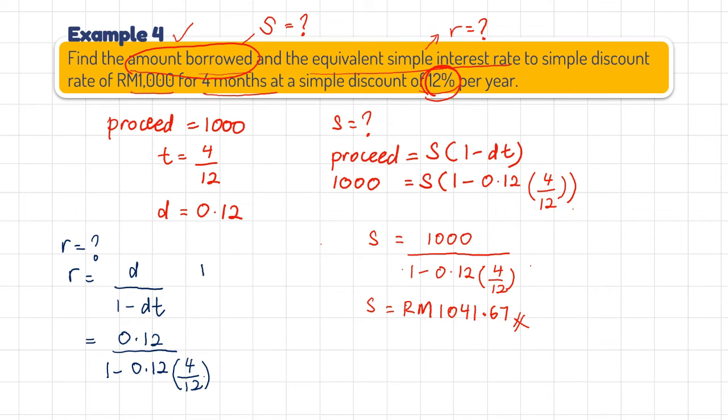Just press your calculator and you will get your R is 0.125. Make sure your R is in percentage. So we have 12.5%. This is the answer for the equivalent simple interest rate.